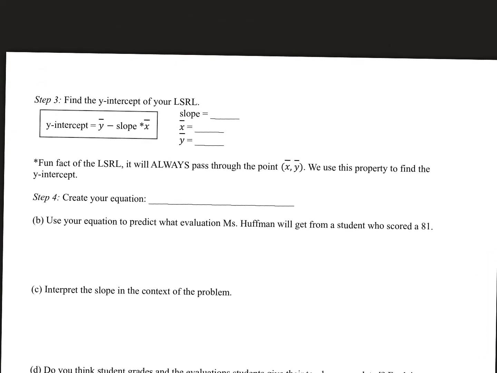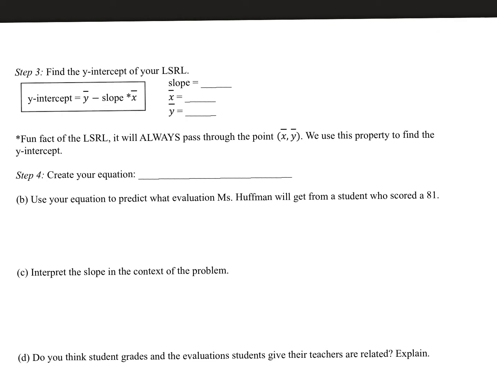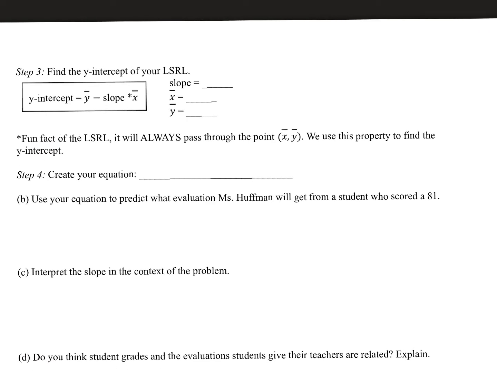Okay. The next thing we need to do is find the y-intercept. The y-intercept is calculated by taking the mean of your y data set minus the slope we just calculated times the mean of our x data. So I'm going to copy our slope down that we just calculated, 1.34. And we're going to go back into that 2 variable stats, and now we're going to write down the mean of our x data and the mean of our y.